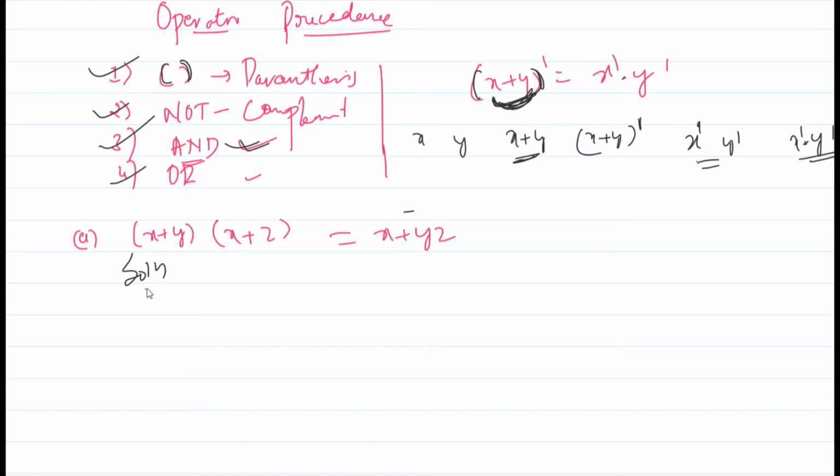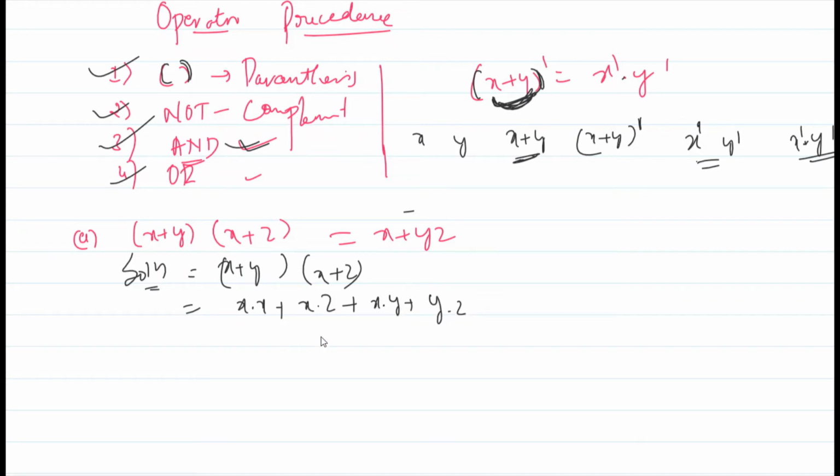Okay. The solution for this is, I write (x plus y)(x plus z) here. You just need to multiply all the terms with the other terms, that is x into x. I write x dot x plus x into z, plus x into y, or y into x, you can write x into y, plus y into z.